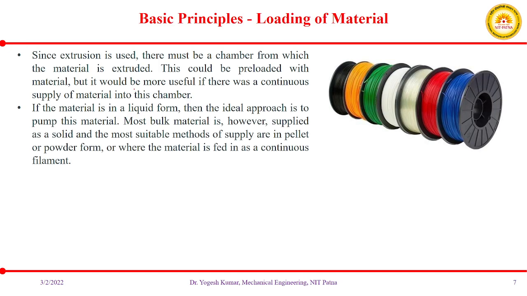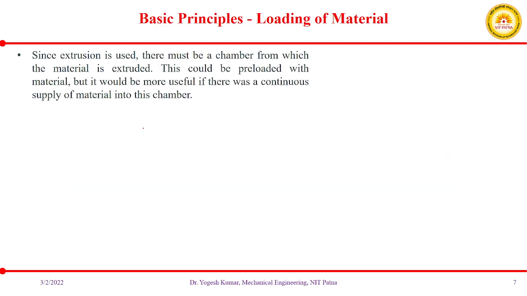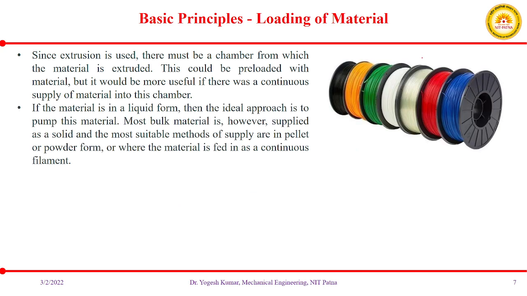Moving ahead. As I told you, we will be discussing these seven basic steps in the extrusion-based additive manufacturing process, and the first step is the loading of material. Okay. So as I told you, the material is in solid form, and it comes in a spool of the material that has to be printed.